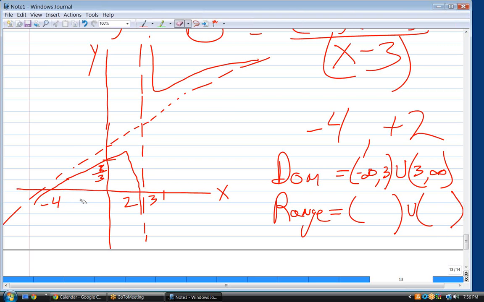Now, one other thing about oblique asymptotes, horizontal and vertical asymptotes. The function can never cross a vertical asymptote, because that would mean you'd be dividing by 0. But functions can cross a horizontal asymptote and an oblique asymptote. In other words, it's not impossible for this thing to look like this. Cross the asymptote and then approach it.